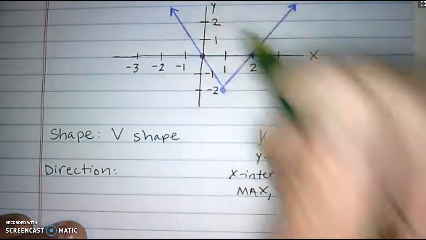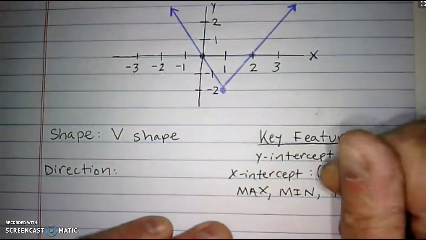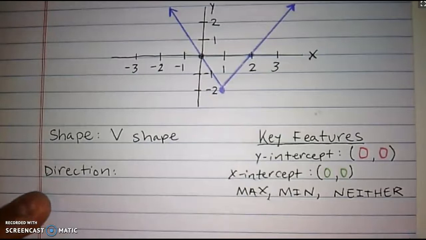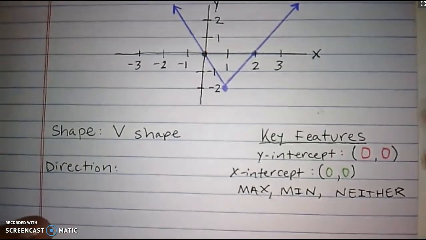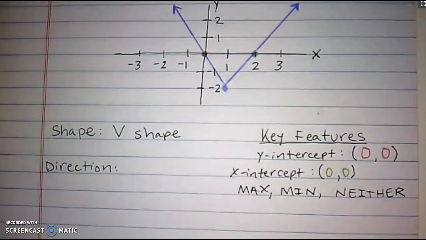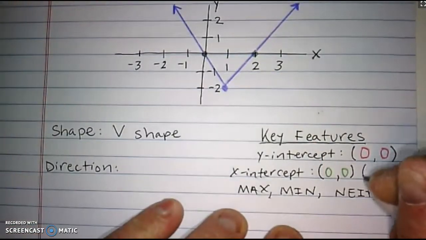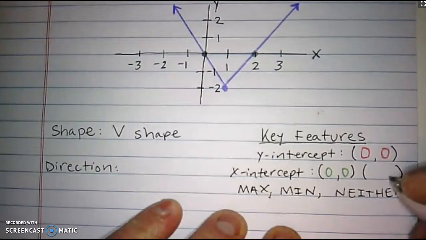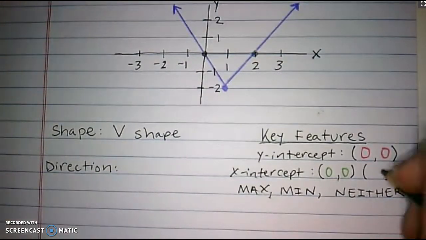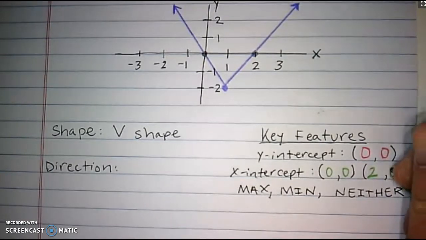So it's going to cross right here at (0, 0). Ooh, I'm going to have to add a second one here. And I can see that this graph also crosses at the point (2, 0). So this one graph has two different x-intercepts. And sometimes that happens. It's okay. But we want to identify both of those key features here.